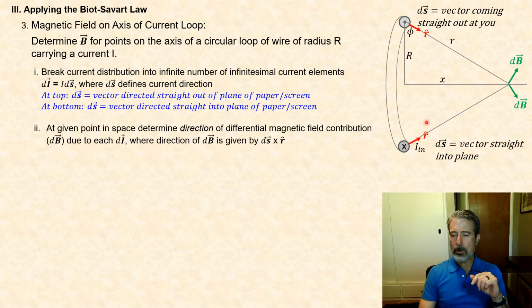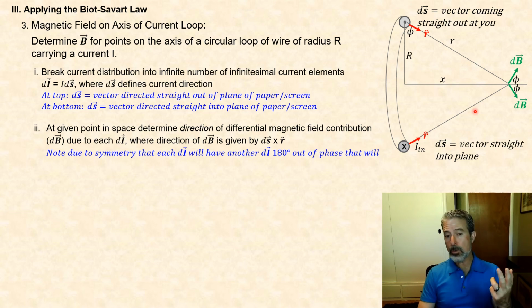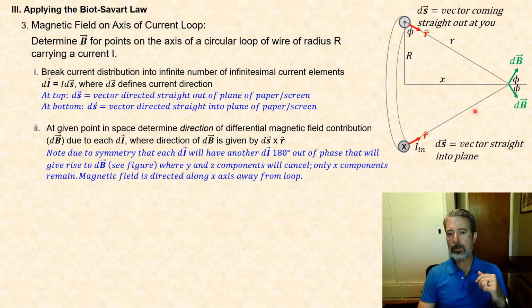So what you can notice here with these two current elements, you can imagine in the third dimension, which I'm not showing you in the plane of the paper here, let's call it the z direction, that due to the symmetry, for any di there will be another current element 180 degrees out of phase with it, that will give rise to an infinitesimal field dB, where the y and z components will cancel.